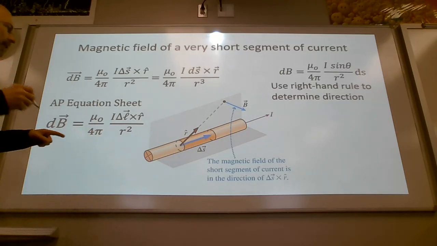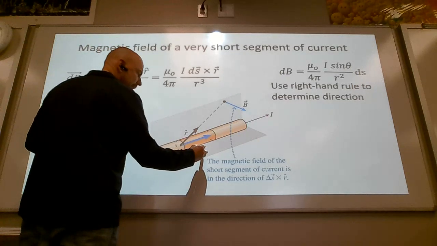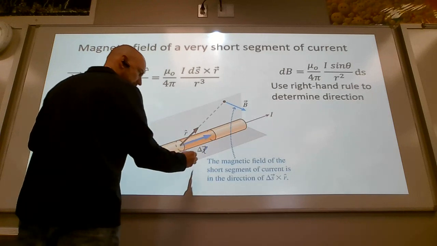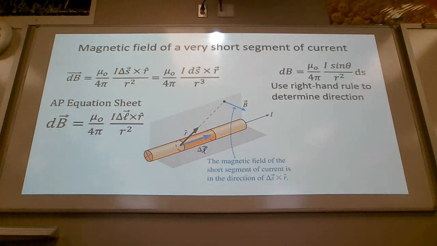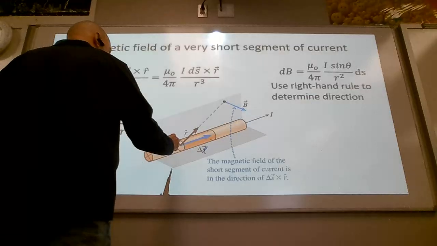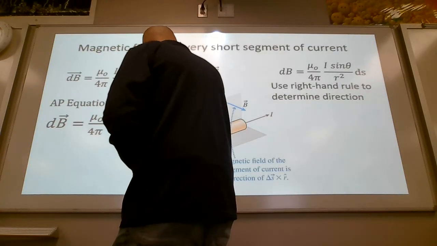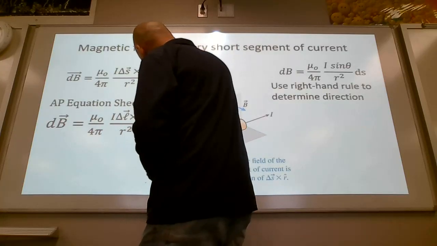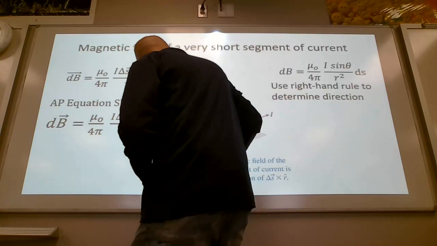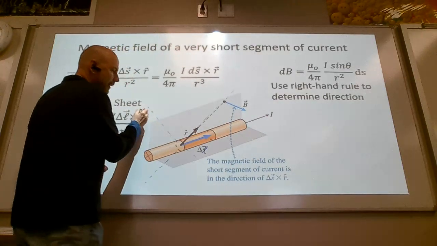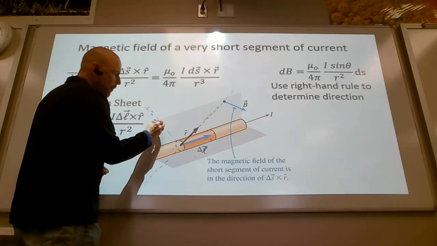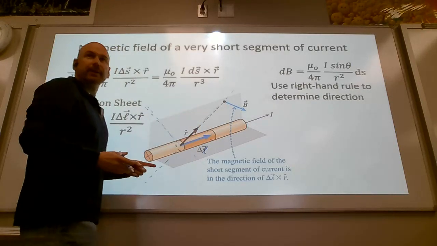They use delta L instead of delta S. What you're looking at, actually, I'm going to do a little different here. I'm going to orient my axis parallel to the radius.